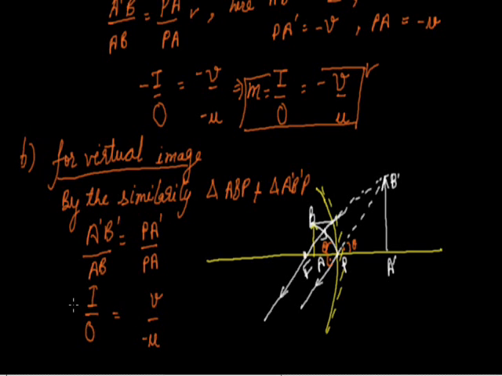That's why we get the ratio I by O is equal to minus V by U. So here again we get the relationship among the three quantities, linear magnification, object distance and image distance, as m is equal to minus V by U for the mirrors. You can also derive this relationship for a convex mirror.